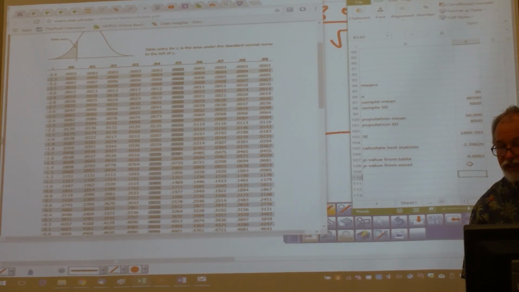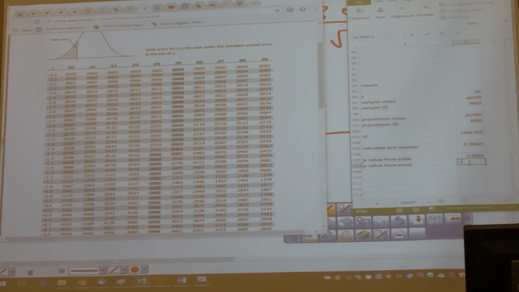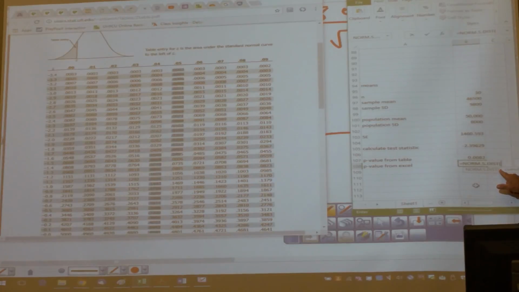So if I use Excel, what am I going to start typing in? NORM.S.DIST, and I type in the Z-score.